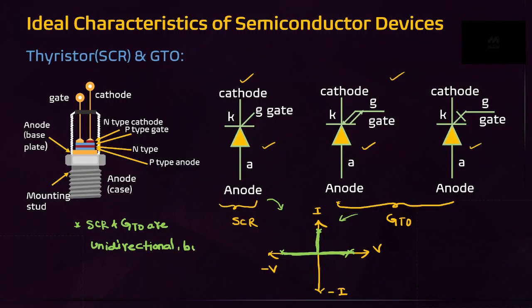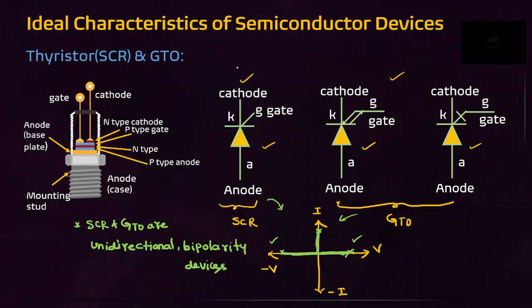Unidirectional bipolarity device. I'm not talking about bipolar. Bipolar is different. Bipolarity is different. Bipolarity means it blocks the positive voltage. It also blocks the negative voltage. That's why SCR and GTO are unidirectional and bipolarity devices.